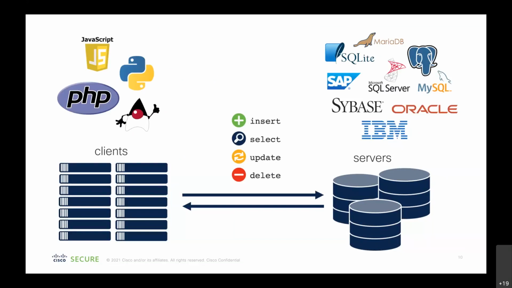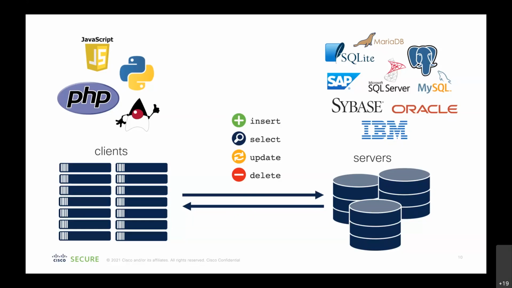This was really one of the first successful protocols, not a network protocol, but a protocol that you could use over a network to get information to other computers in a distributed environment. This is where you see a lot of programming languages start to adopt SQL clients. That's one of the very first things that most people want to do when they implement applications on these different clients talking to these database servers.